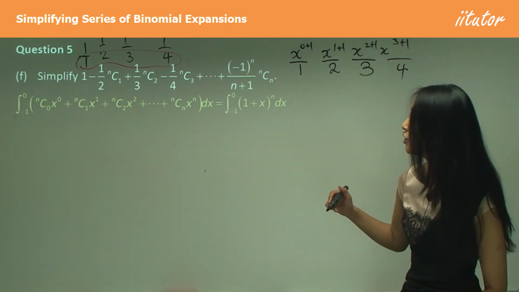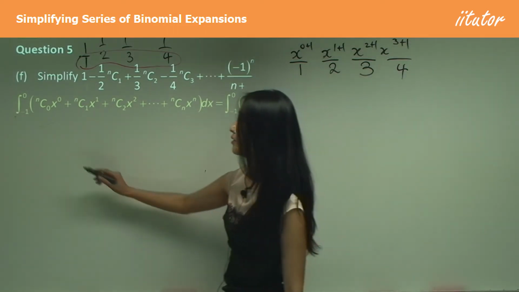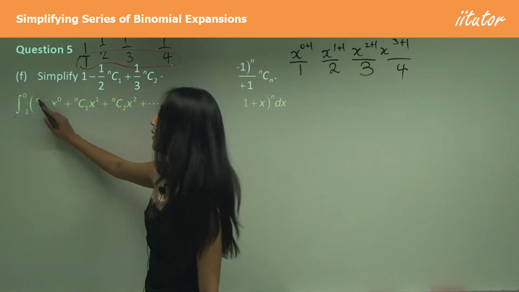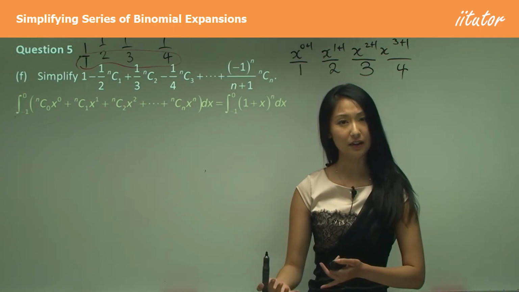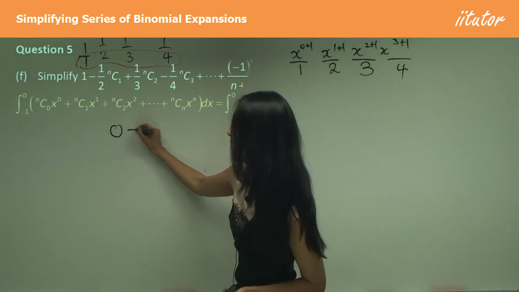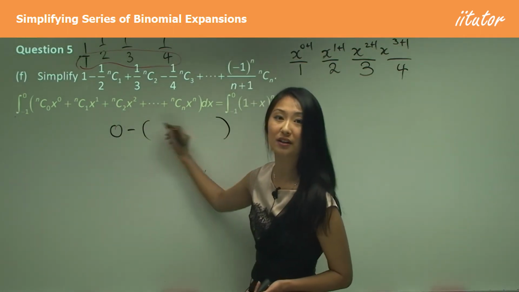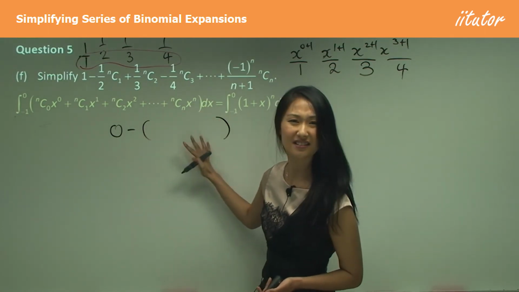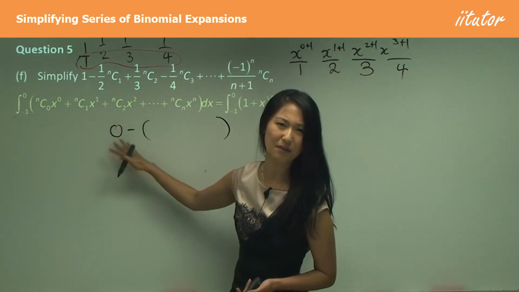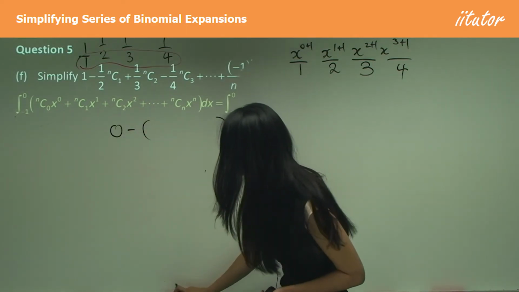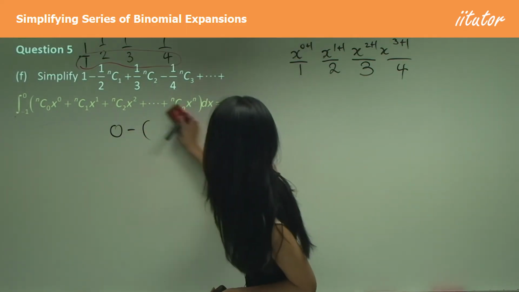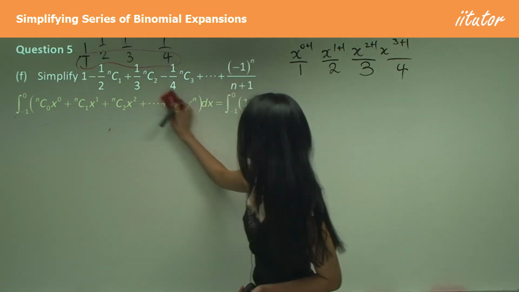So that's how I know I want to integrate to negative 1 there. And why I want 0 here is because when I substitute it in, I just want 0 minus everything else. So it's not going to really touch that. Does that make sense? So I want this number to not have any consideration at all. Now, before we go on, let's just have a look at what we've done.